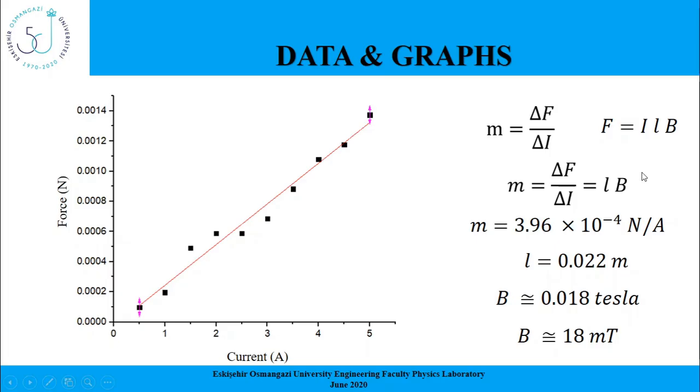So we have the length of the wire, which was 2.2 centimeters, and then when we calculate this, we will have 0.018 Tesla magnetic field, which is equal to 18 milliteslas. Tesla is the unit of the magnetic field in the SI unit system.